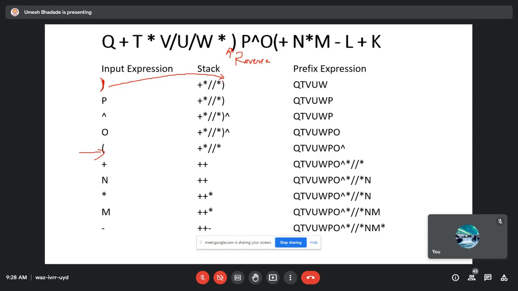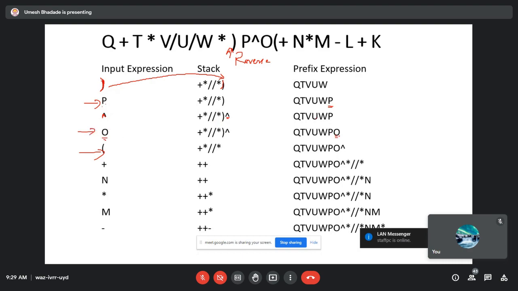So this closing parenthesis is pushed onto the stack. Then next symbol is taken, p is operand, so p is added here. Then another symbol, raised to the power, exponential power, that is taken. So once again this closing parenthesis is having higher precedence. So this exponential is added onto the stack. Next is o.